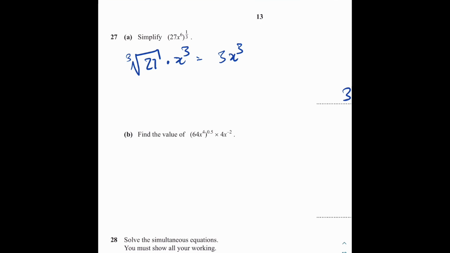That's just the square root of 64x squared. And that's multiplied with 4x to the minus 2, because that basically is 4 over x squared.